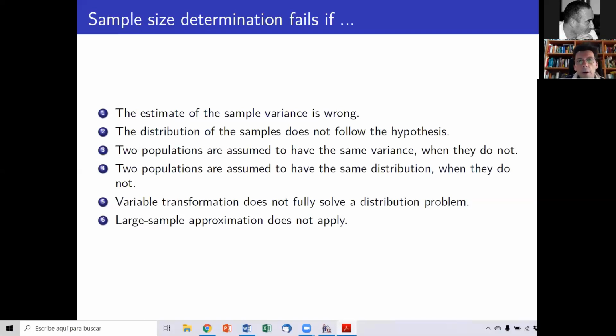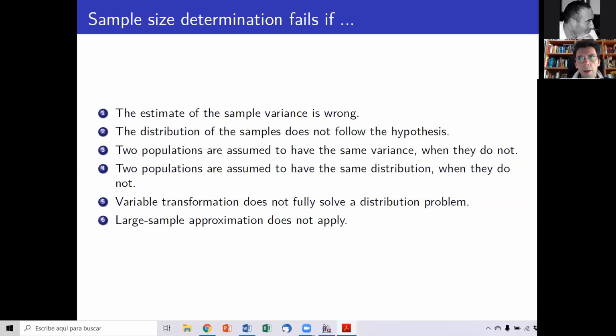So I do my sample size calculation, I get a number. When is this number completely wrong? So the most important reason is when the sample variance that I use to calculate the sample size is wrong. We tend to be over-optimistic about the variability of our samples. So when we design an experiment, we tend to think that the observations that we will have vary much less than reality.